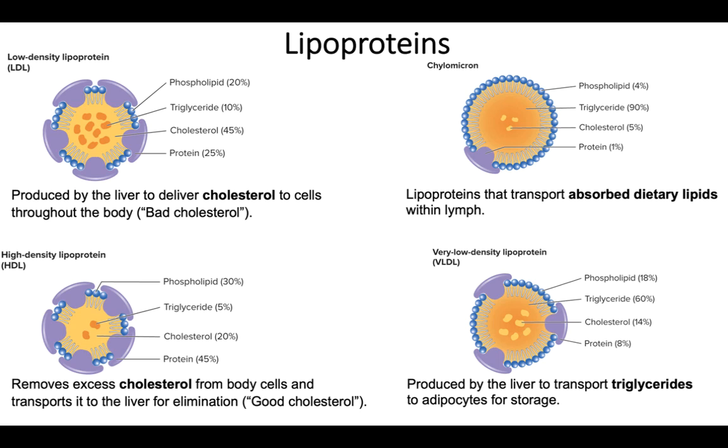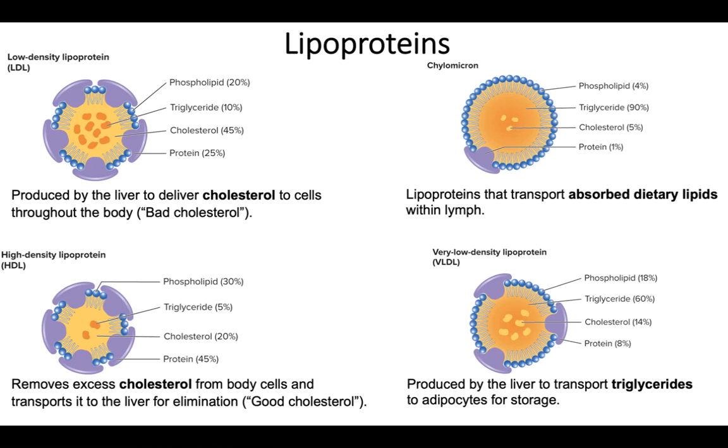It can contribute to atherosclerosis. All right, so in the medical world, we do blood tests, and if your LDL is over a certain range, that's a risk factor for cardiovascular disease. Now, some cholesterol goes back to the liver for elimination. That cholesterol is packaged into what's called HDL, high-density lipoprotein.